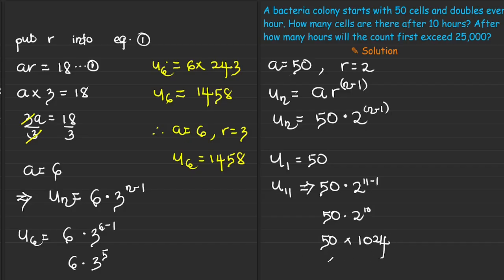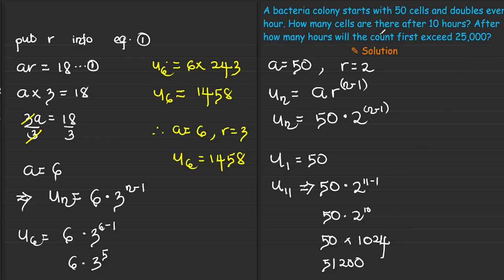So if you multiply that by 50, we have 51,200 cells. It means if the initial starting point was 50, after 11 hours, these are the number of cells we have to expect in the colony. Do you see that? And that becomes the first part of the question.